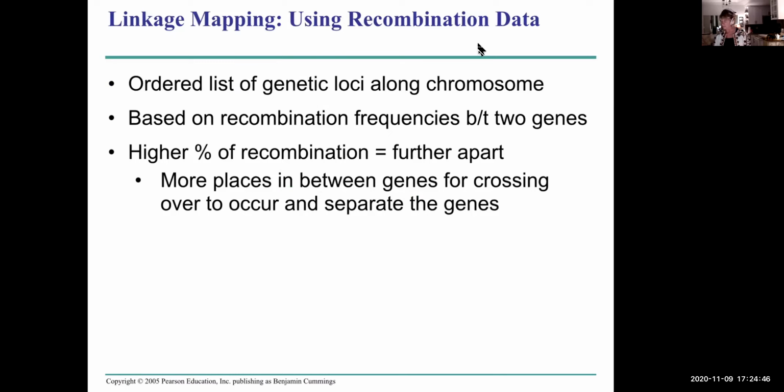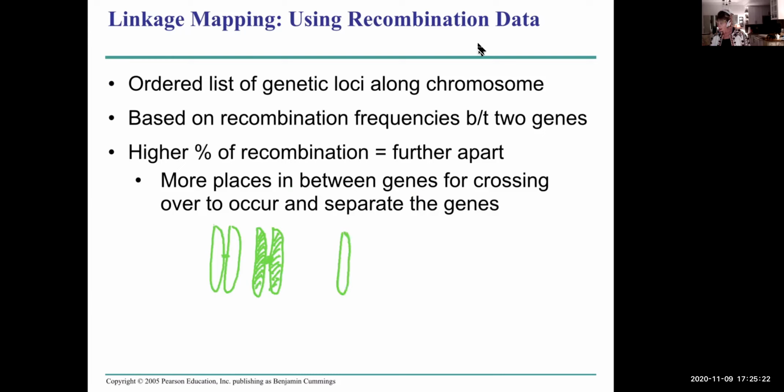Yeah, they cross over. So during meiosis, the homologous chromosomes line up, and what happens is a phenomenon known as crossing over.